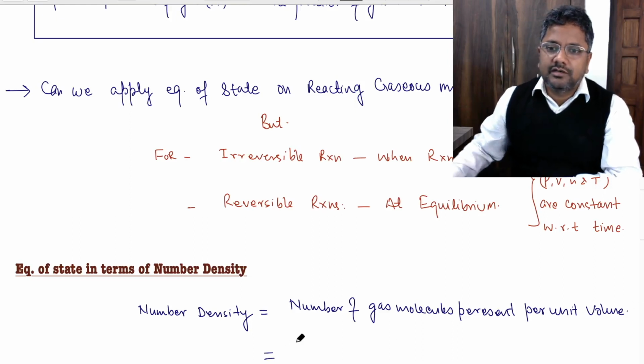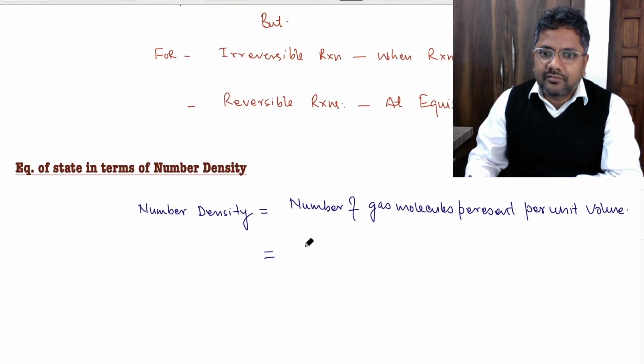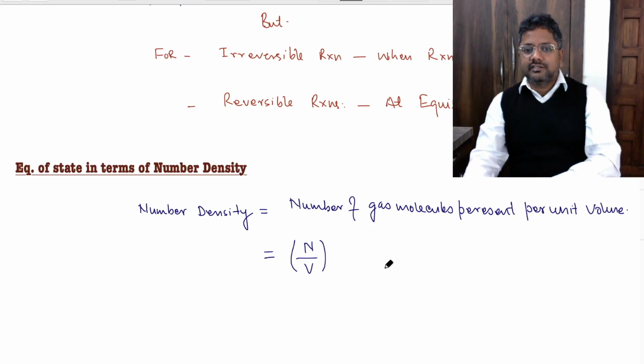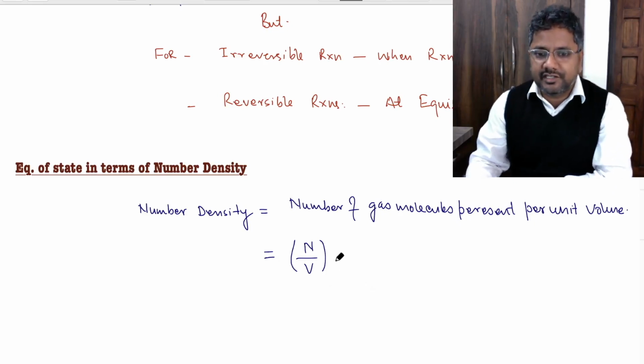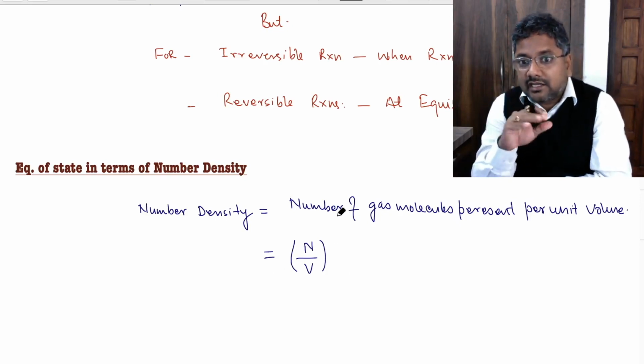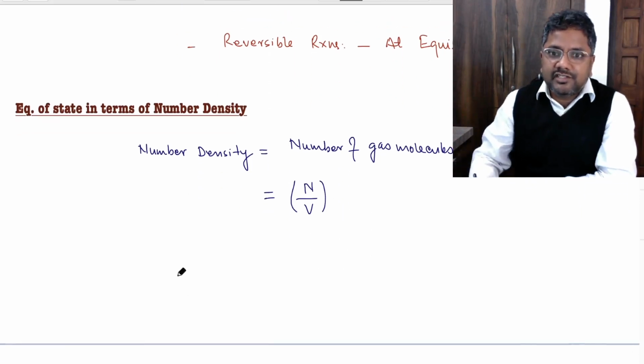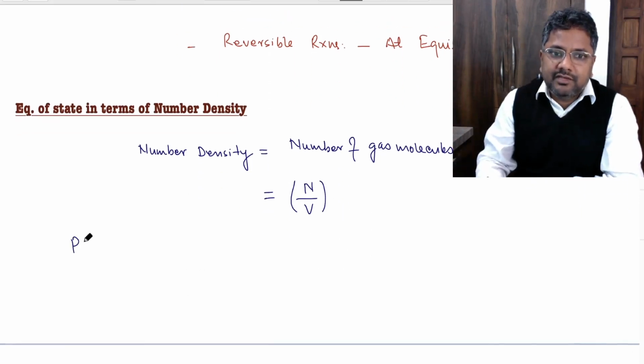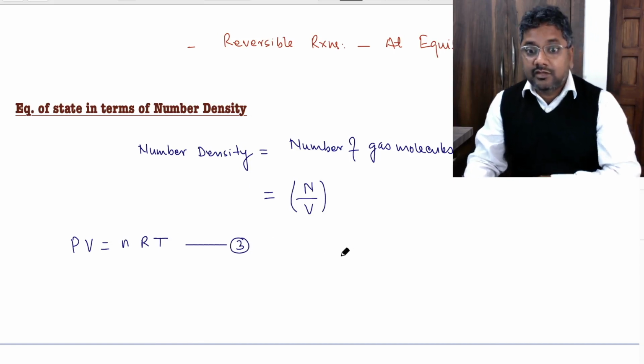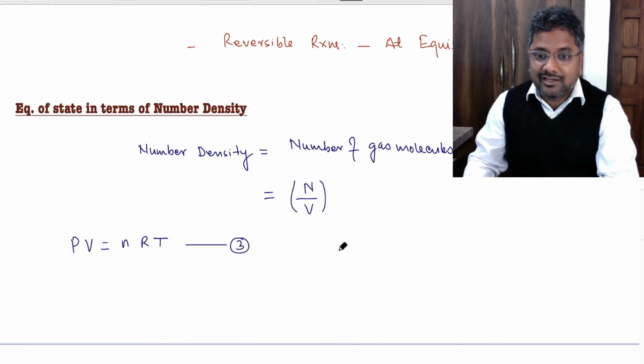So number of gas molecules n divided by V. So this is the number density n by V, where n is not the moles, n is the number of gas molecules, right? This is called number density. So PV = nRT. This is equation 3. Now equation 3 is a very popular equation, right?